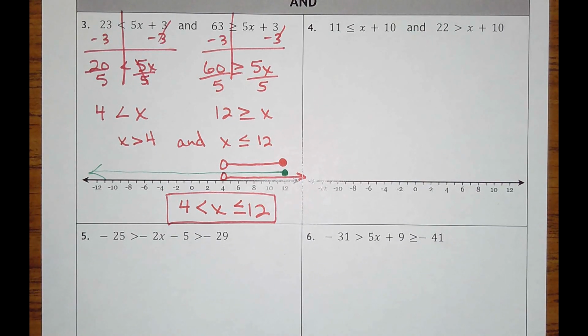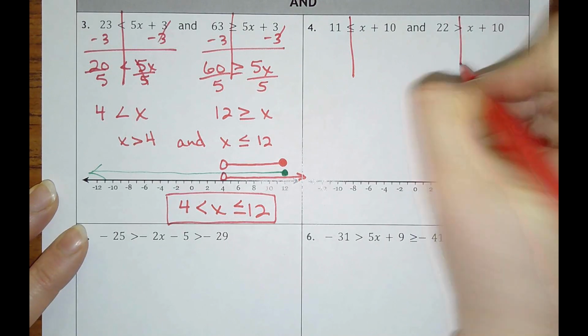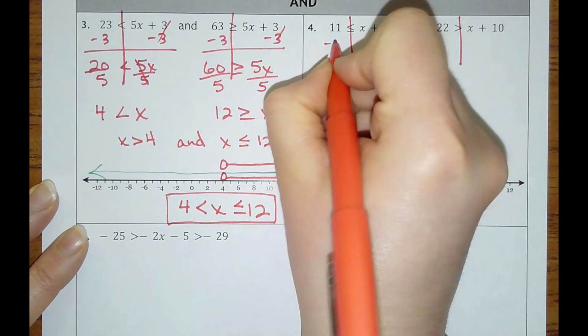So why don't you go ahead and solve on number 4, solve both of them. And then we'll figure out what the graph is going to look like. So you can go ahead and do that on your own. Very quick to solve.